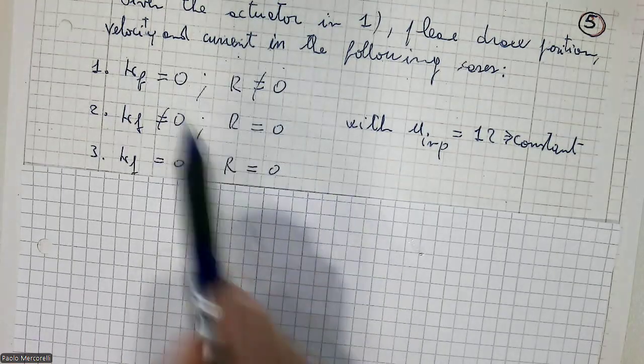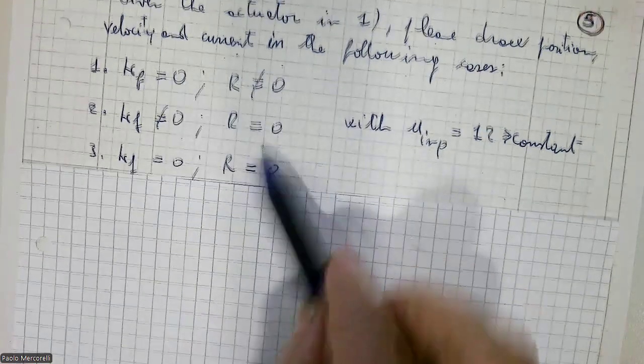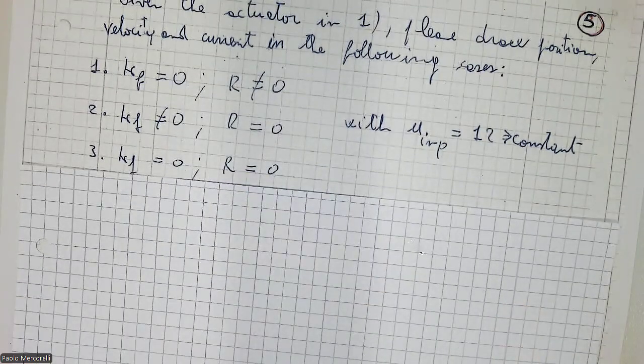Another case could be interesting: to analyze the resistance very small. Of course, mathematically I put 0, but that is not possible. It's just an ideal case, in order to be analyzed. It practically means small kf, small r. 0 is not possible, at least in real conditions. Or both 0, also in the theoretical part, because again, 0 is not possible.